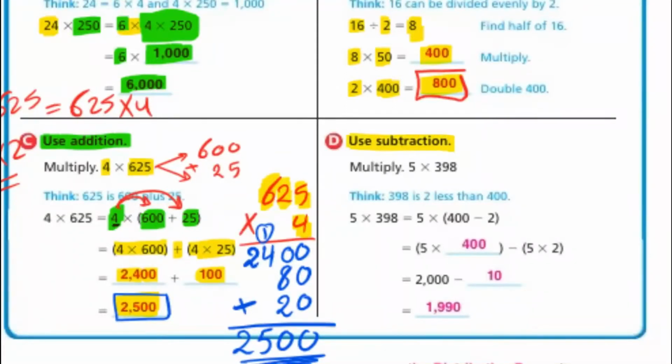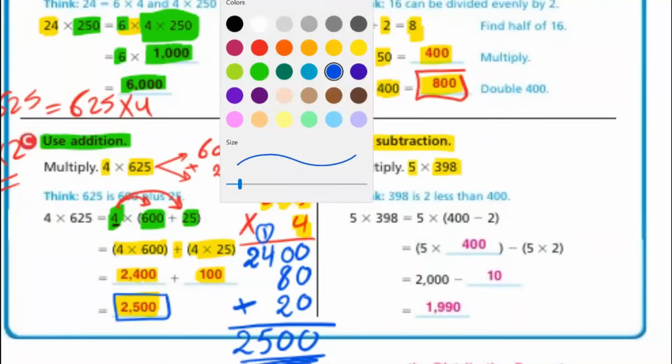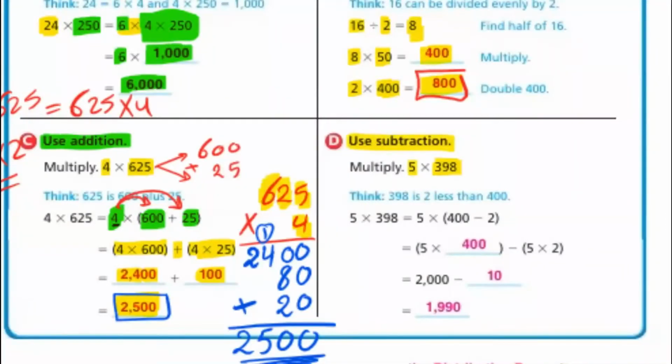Use subtraction to get the product. So multiply 5 by 398. Okay, let's ask ourselves, 398, the closest number with zeros to it is 400. 400 minus what to get 398? It will be 400 minus 2.